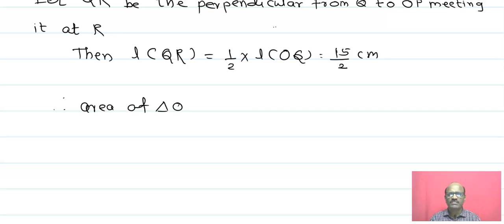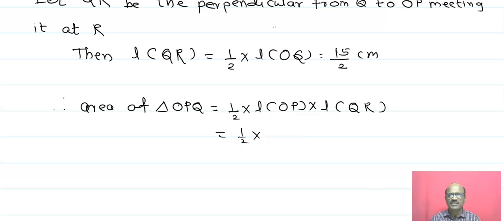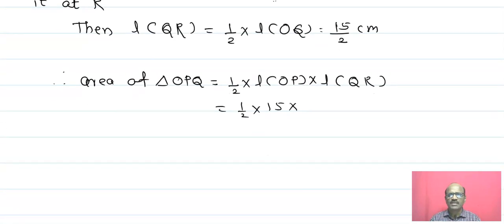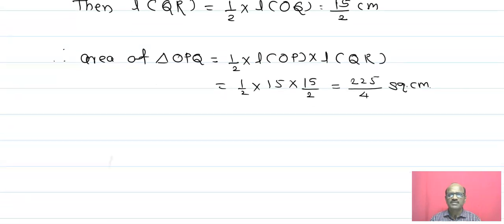Therefore, area of triangle OPQ is equal to 1 upon 2 base into height, that is 1 upon 2 into 15 into QR, which is 15 upon 2, that is 225 upon 4 square centimeter.